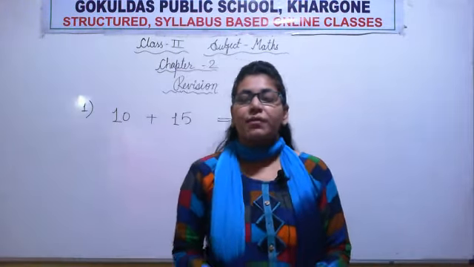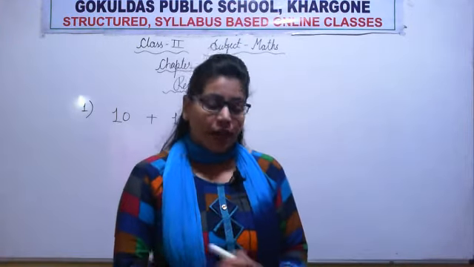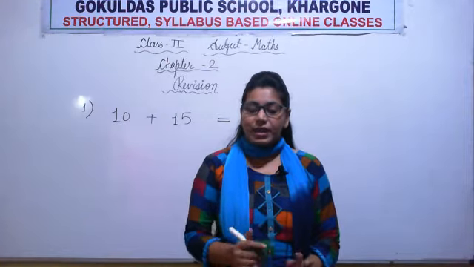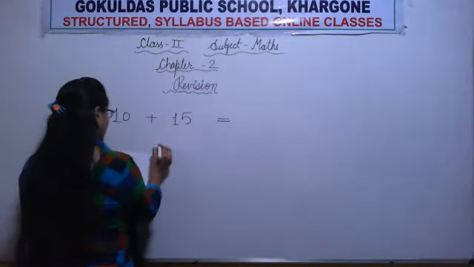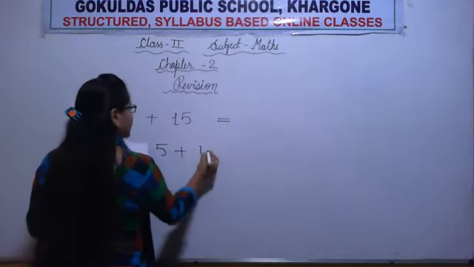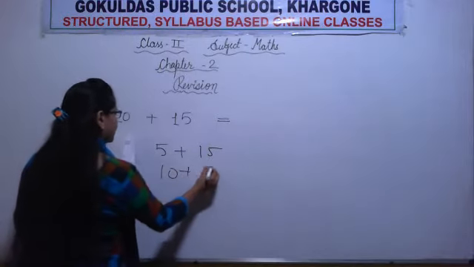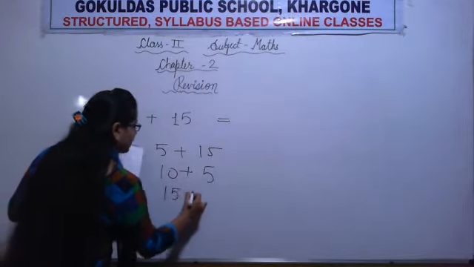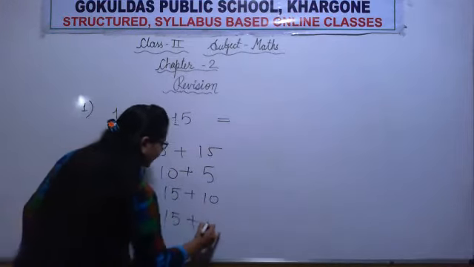We have learned order property in the same chapter. What is order property? If we change the order of numbers, the result will remain the same. So 10 plus 15 will be equal to 5 plus 15, or 10 plus 5, or 15 plus 10, or 15 plus 18.